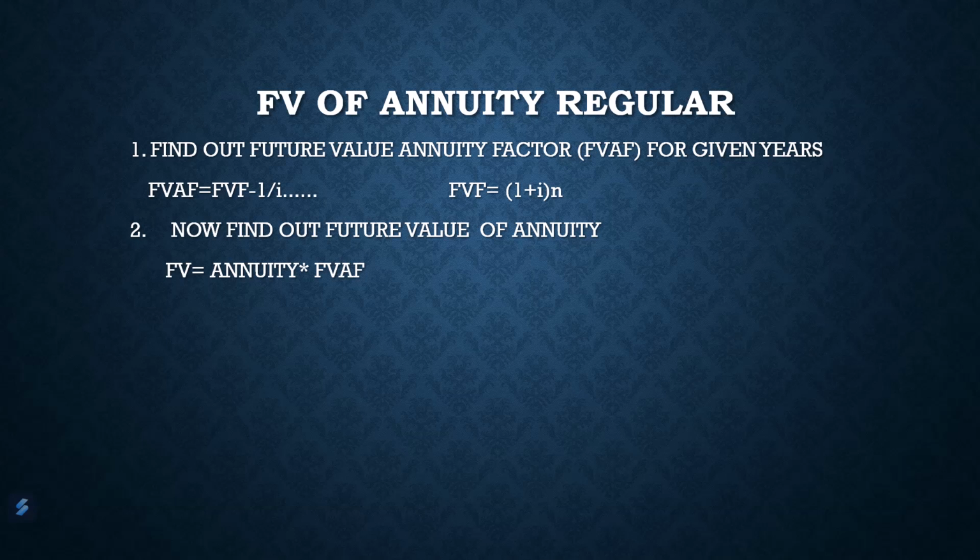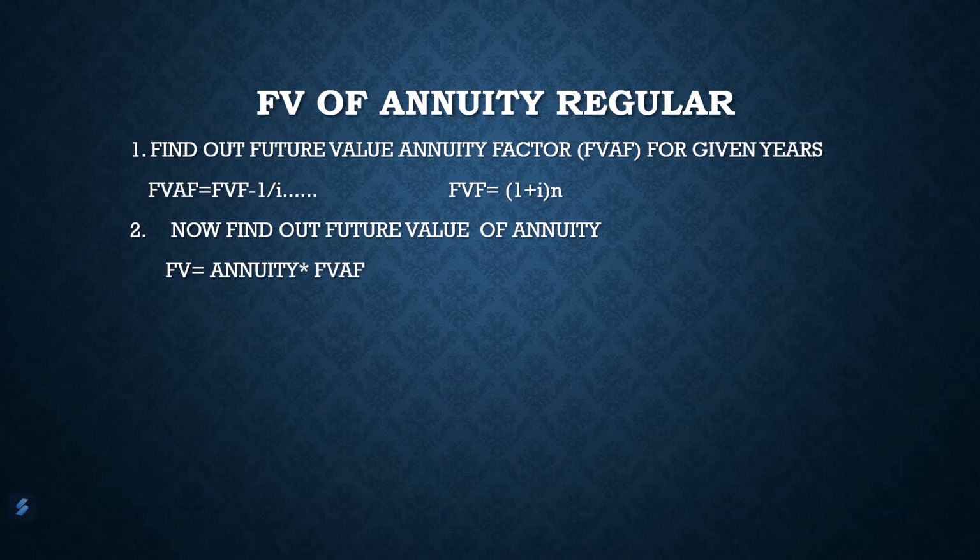So how can we find out the future value annuity factor? It is very easy. First of all, you have to find out the future value factor for the given years, which is nothing else, it's the compounding part. That is, if we want to find the future value annuity factor for 5 years, we have to find the future value factor for the 5th year for the given rate of return, which we can find by (1 plus i) raised to n.